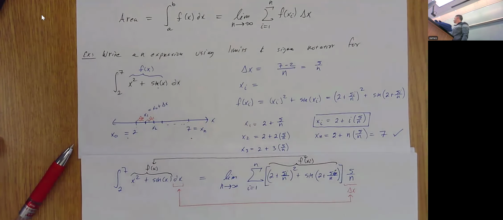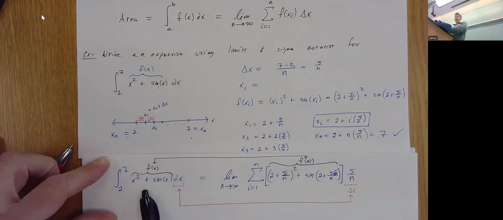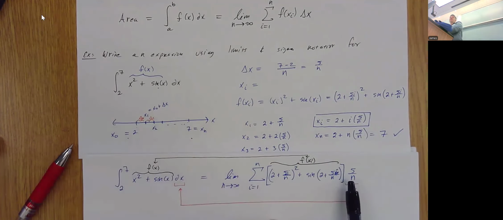So that's how you go from an integral to writing it as the limit definition of the area under that curve. And that's what that is. That is the limit definition of the integral, is how people often refer to it. Any questions about that before we jump into another example?